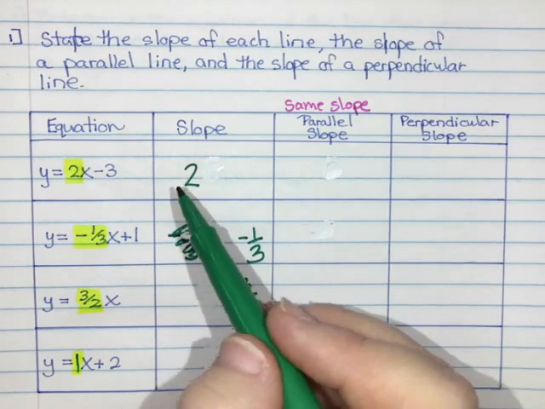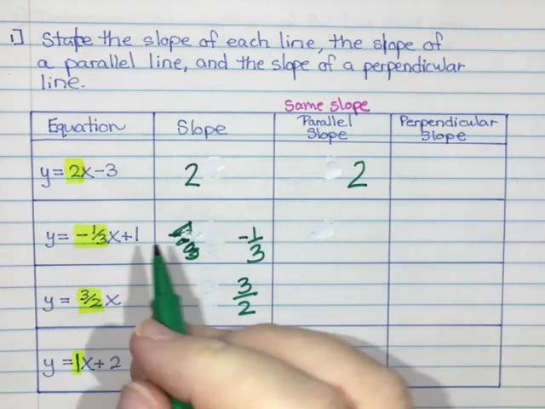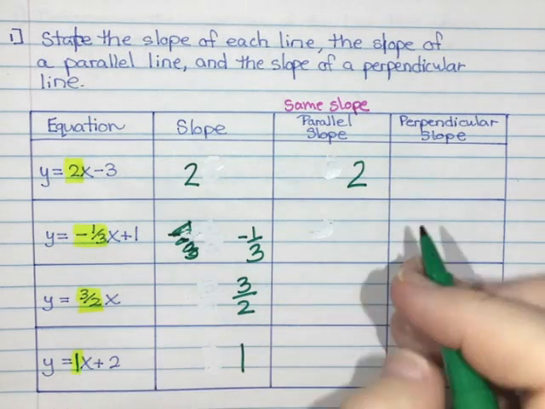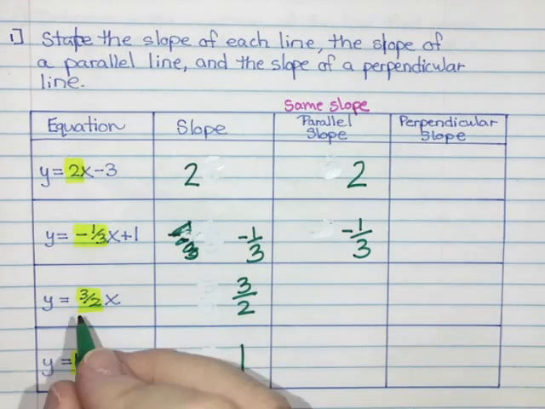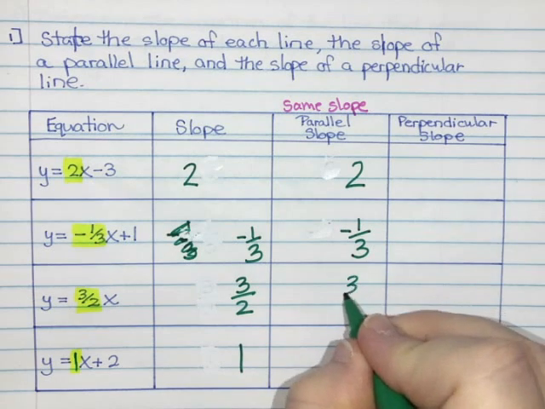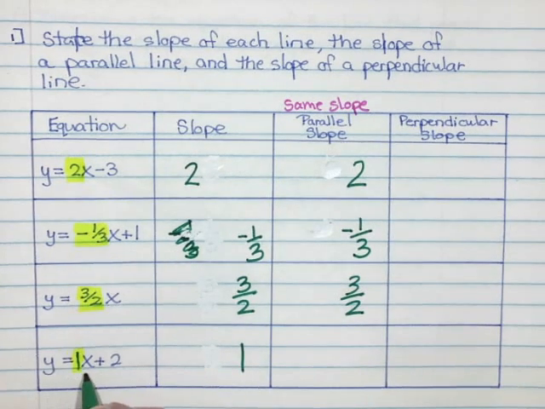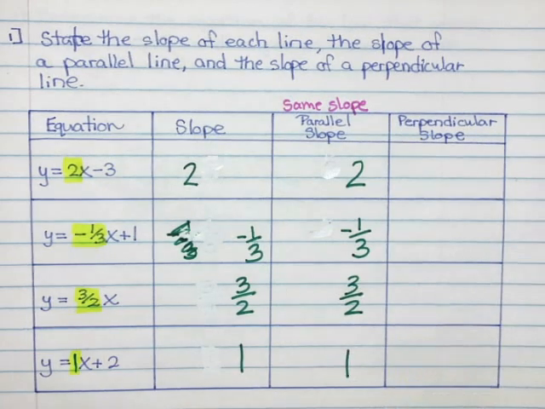So if the slope was 2, the slope of my new line would also be 2. If the slope of this was negative 1/3, the slope of my new line, my parallel line, would be negative 1/3. If the slope of the original line was 3/2, the slope of my parallel line would be 3/2. And if the slope of my original line was 1, the slope of my new line would also be 1.